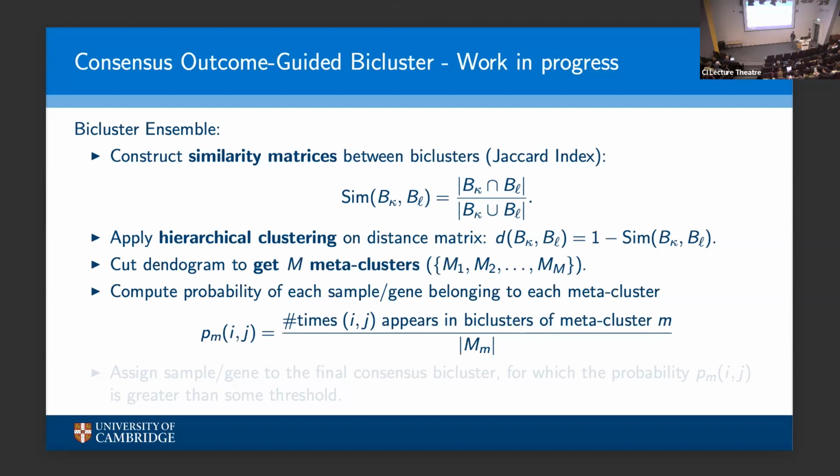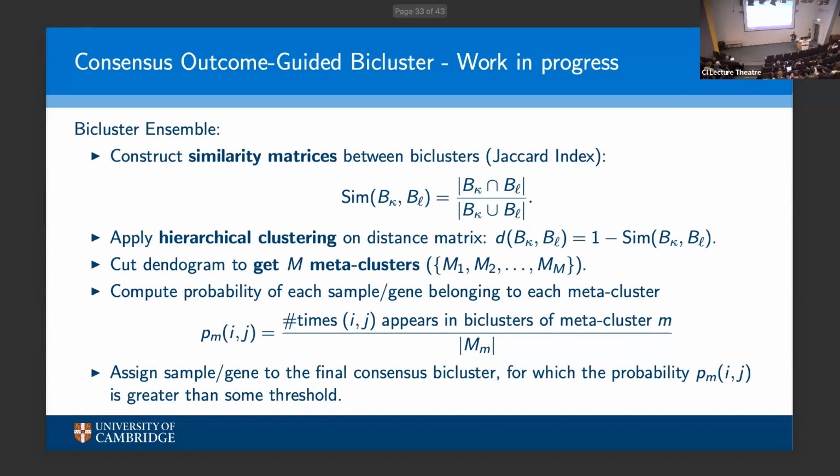We then compute the probability of each sample and gene belonging to each of these metaclusters, and this probability allows us to assign a sample and a gene to the final consensus bicluster, for which the probability is greater than some threshold. And we found in our experiments, using a grid search approach, the optimal probability value for choosing these samples and genes.